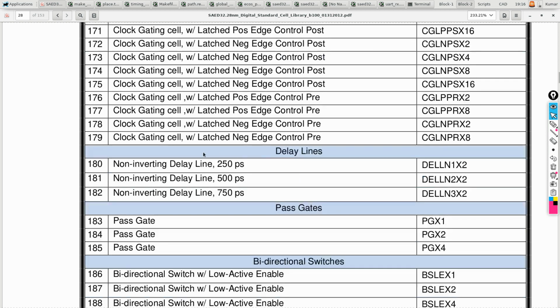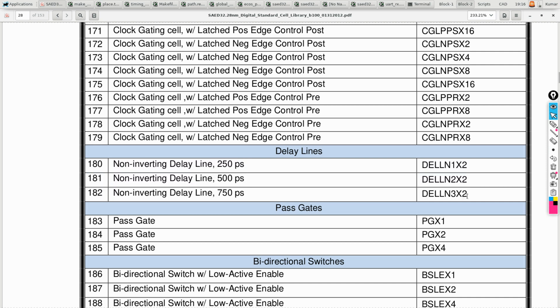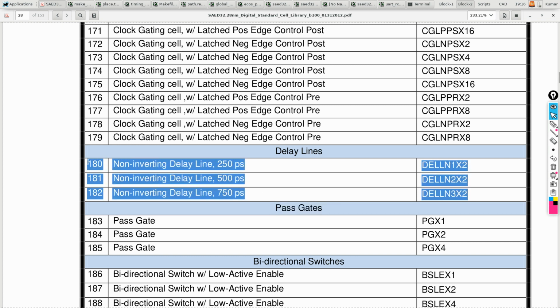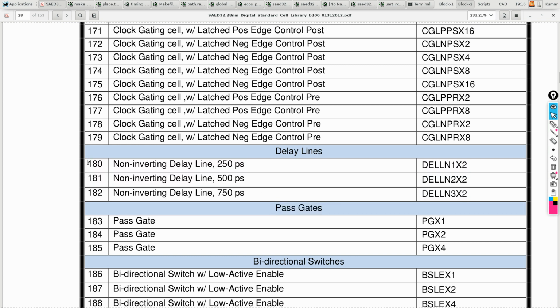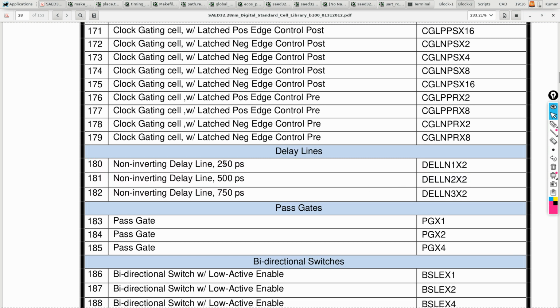And then delay cells, not registers, combinational delay. It is something to fix the hold. We have something called hold analysis that you will get to know when we do static timing analysis. The signal might be traveling faster, so if you want to slow down that signal, you can use these cells, which add more delay.